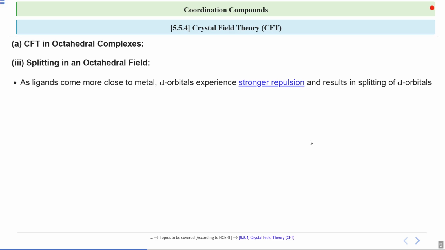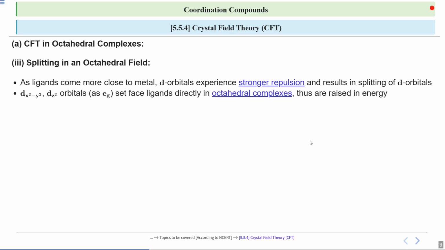The difference in this repulsion causes the d orbitals to split into two sets of non-degenerate orbitals. The dx square minus y square and dz square orbitals are present as the Eg set, which face the ligands directly in the octahedral complexes, and thus are raised in energy.